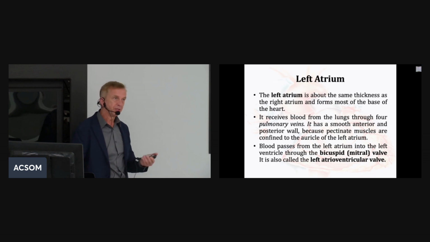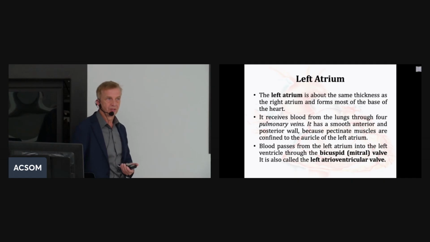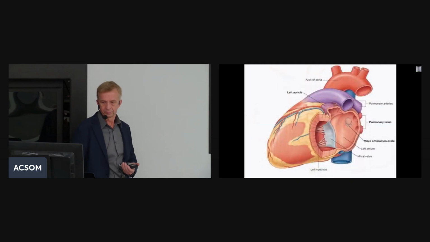And between the left atrium and the left ventricle, there is a mitral valve, which is the bicuspid valve. It is the only valve that has 2 cusps, anterior and posterior cusp. Left atrium again.